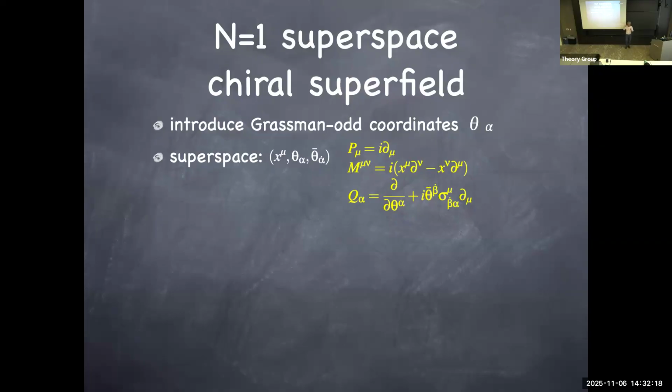So x, the usual four spacetime coordinates, come in a pair with the fermionic coordinates, and generic fields called superfields are functions of not only x, but also of theta. So you're extending the notion of spacetime.